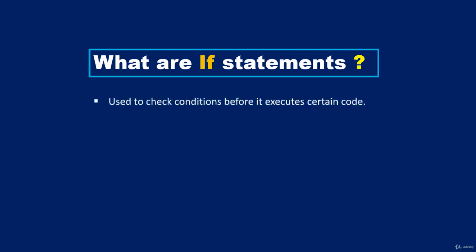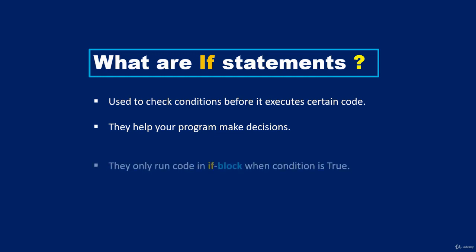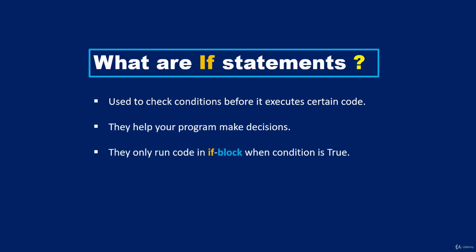They help make your programs make smarter decisions, and they will only execute the code inside the if block when the condition evaluates to true. If statements use comparison and logical operators to check whether conditions are true or false.